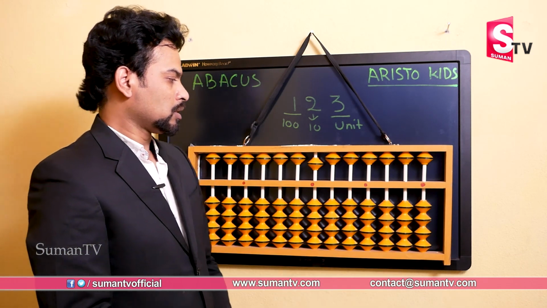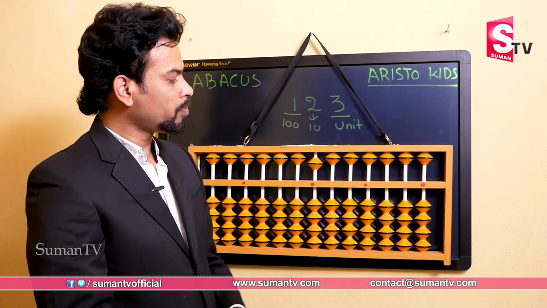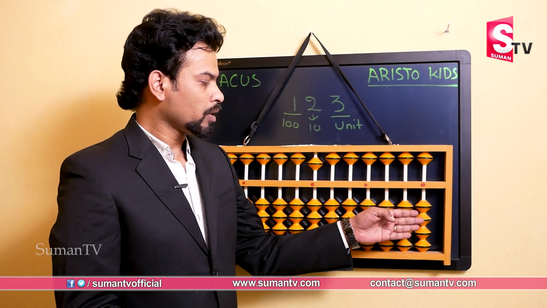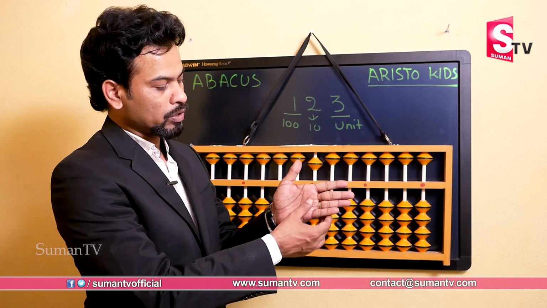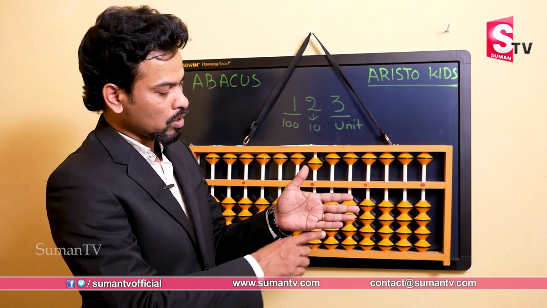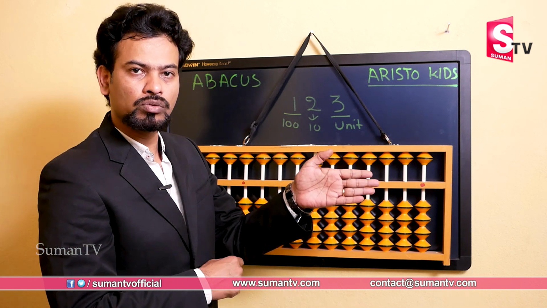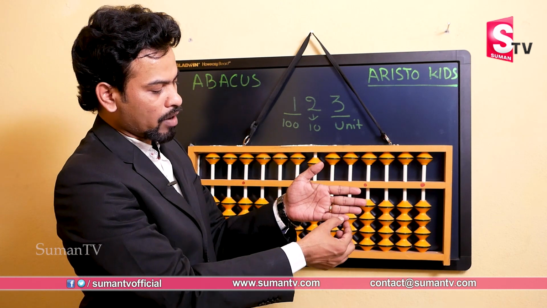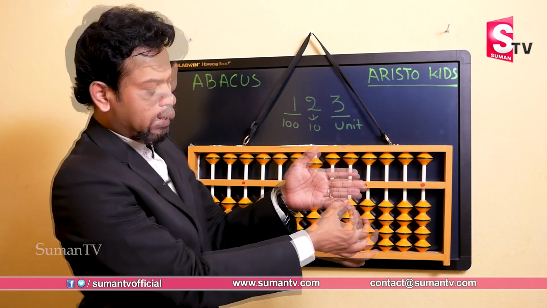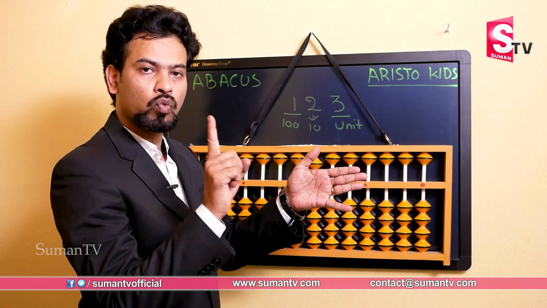Now let's check what the values of this unit place are. I told you in a particular rod there are 5 beads. So there are 4 beads towards the downside and 1 bead towards the upside. In every unit rod, each lower bead has a value of 1 unit.